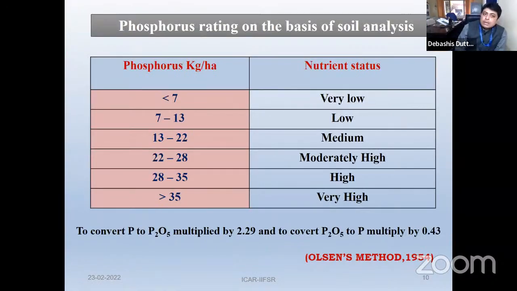And this is phosphorus. This is the range we consider when prescribing phosphorus recommendations in the soils.